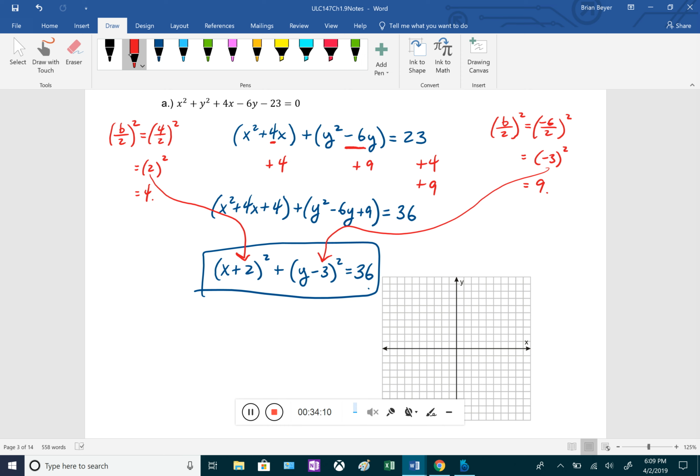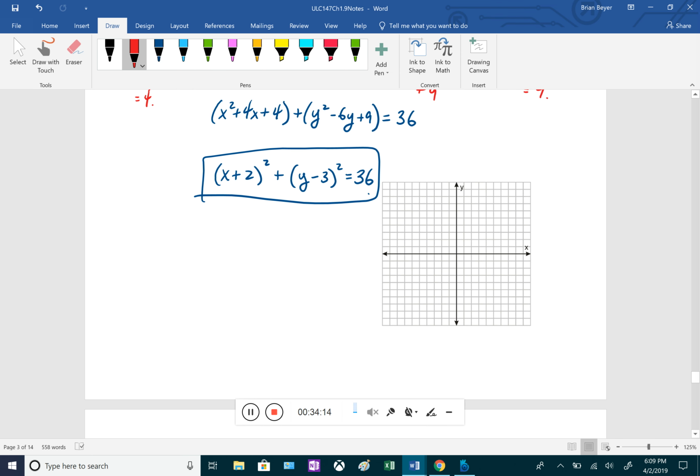Okay, so let's graph this. We need to identify the center and the radius. It's in standard form, so the center is going to be negative 2 comma positive 3. Once again, we have to remember that it's the opposite of the positive or negative signs that we see. And then the radius is going to be the square root of 36, which is 6.